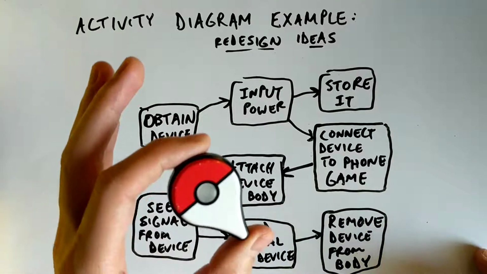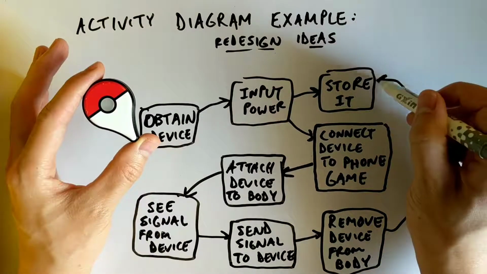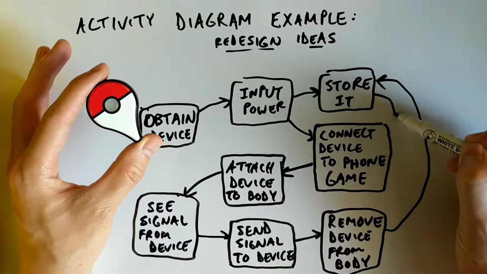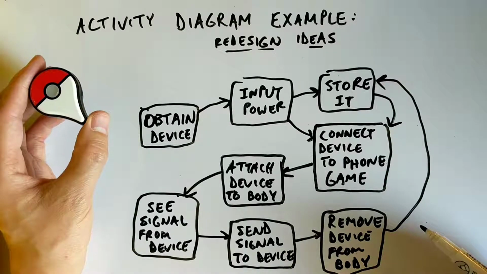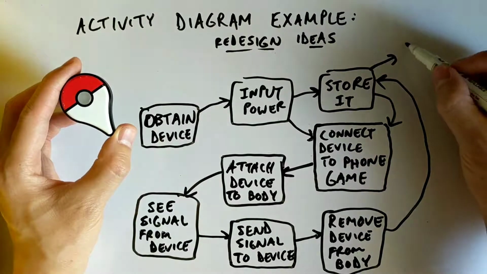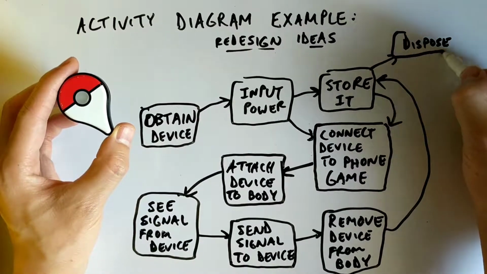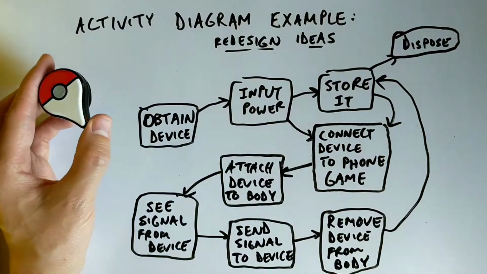I'm just going to leave that blank. And then you might go ahead and store it. And after you store it, you might come back and connect the device to that. And I'm guessing that one day we'll have to dispose of it or something like that. Dispose, or maybe some other thing. We have to think about that.